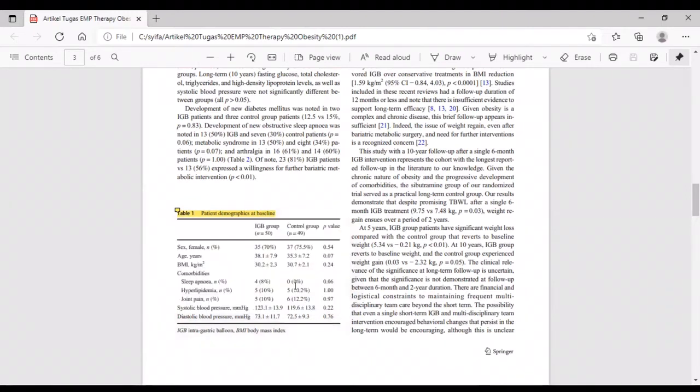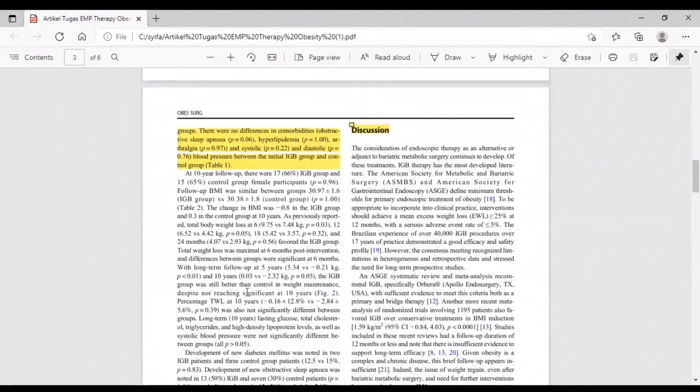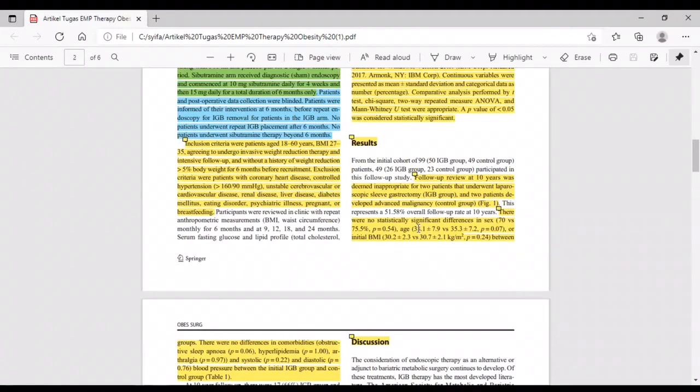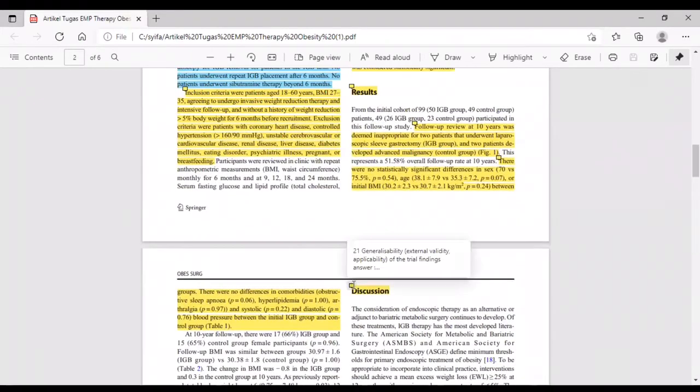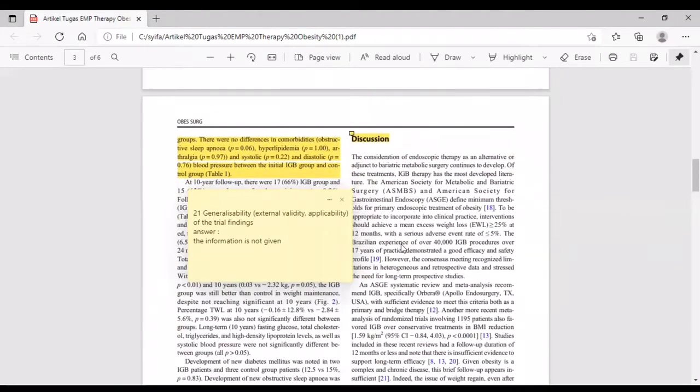This table contains the demographics of patients in this research: the sex, age, BMI, comorbidity, systolic blood pressure, and diastolic blood pressure. And checklist numbers 17 and 18 are not shown in this article.